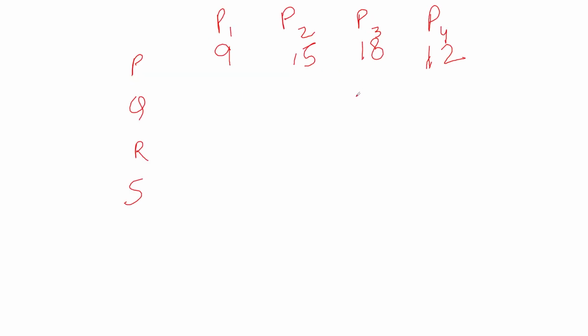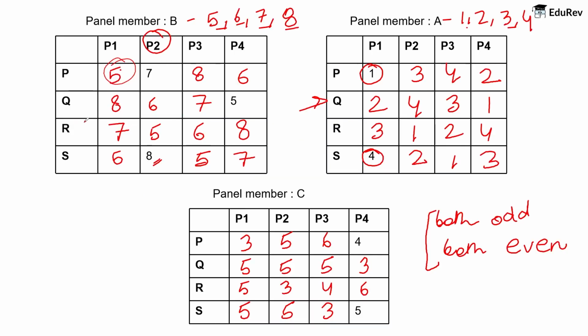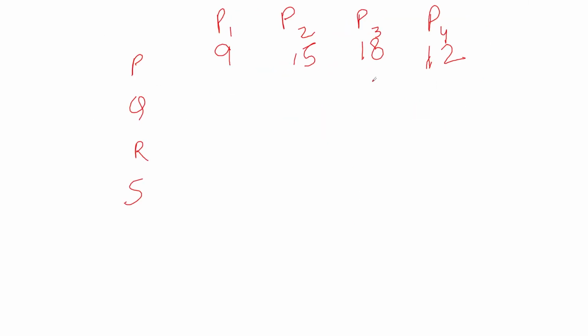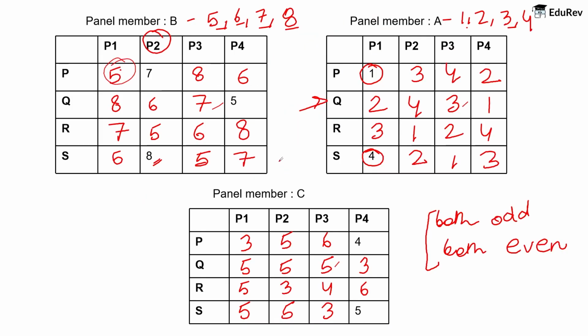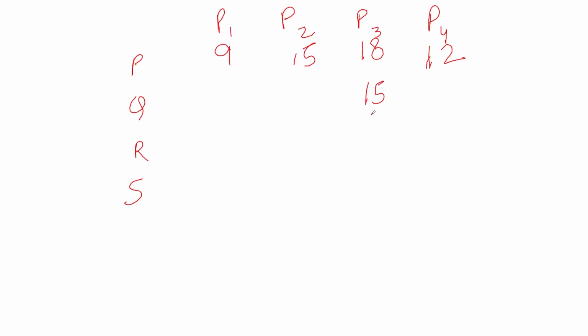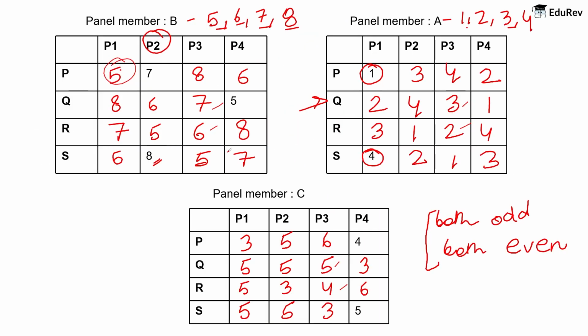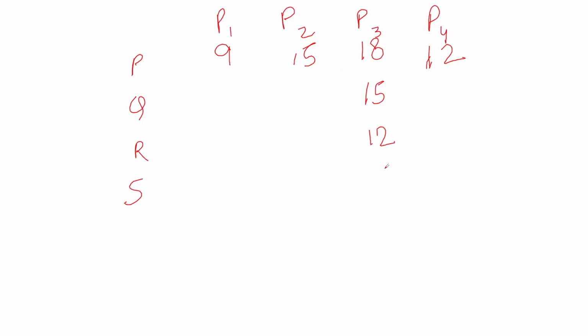Now for P3, the total score of Q is 7 plus 3, 10 plus 5, 15. So P3, 15. For R, this is 6 plus 2, 8 plus 4, 12. And for S, it is 5 plus 1, 6 plus 3, 9.